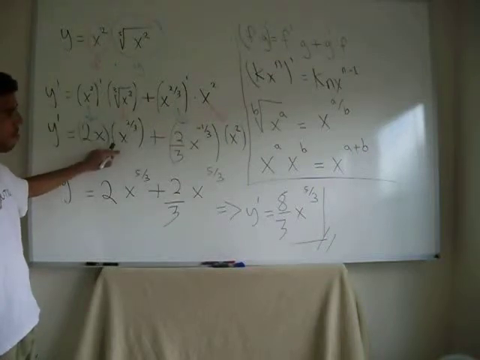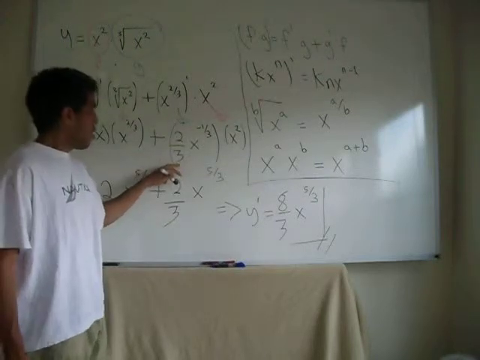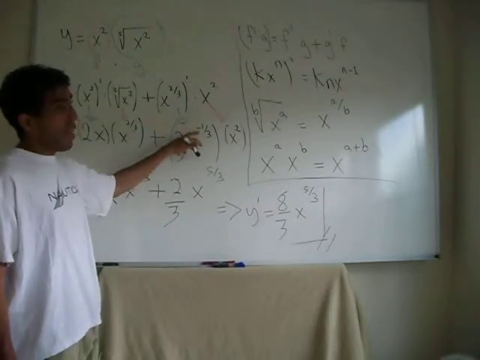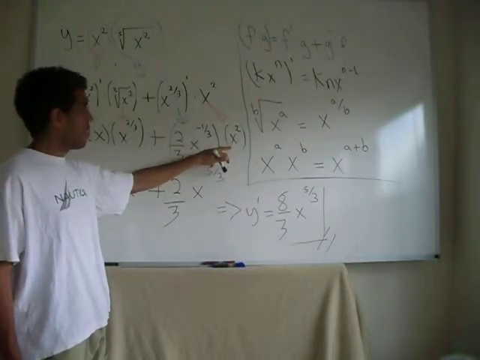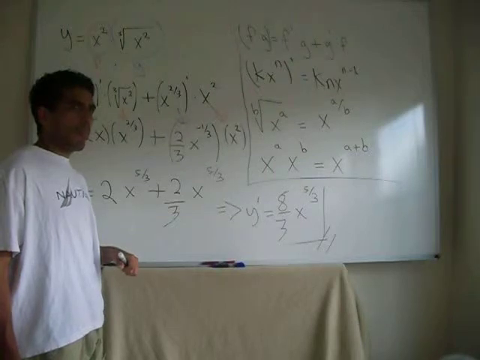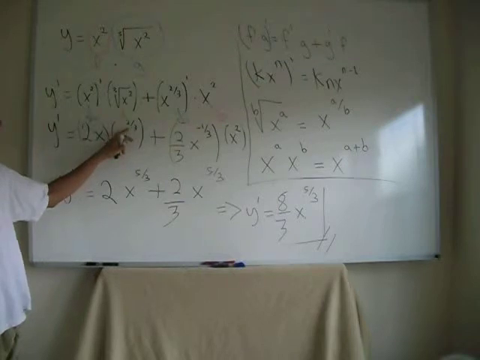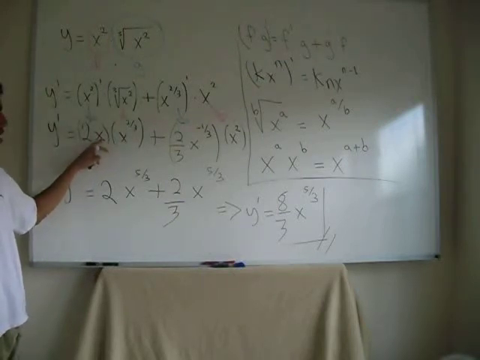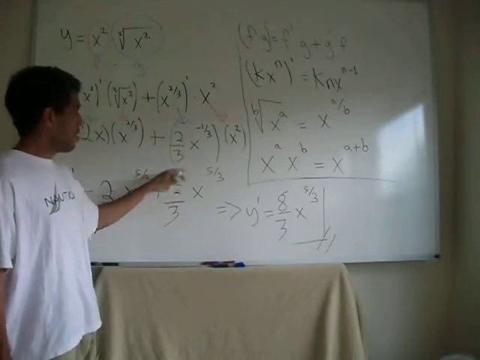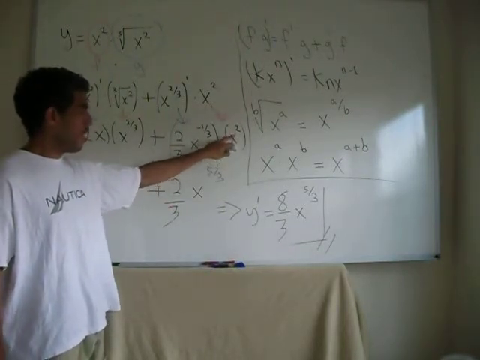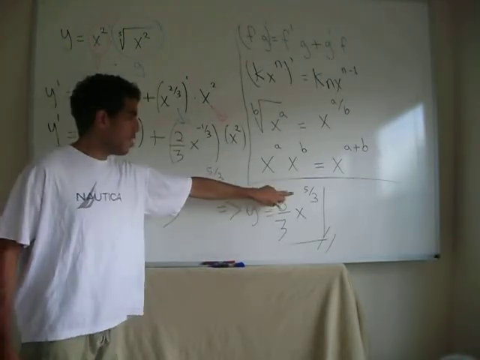Second one without derivative, x power to 2/3, plus second derivative, which is 2/3 x power to minus 1/3, times the first function without derivative, x squared. Simplify, x to the 2/3 times x to the 1 is x to the 5/3, plus, again, 2/3 x to the minus 1/3 times x squared is x to the 5/3. Add, simplify, everything else, and there you go. There is the solution.